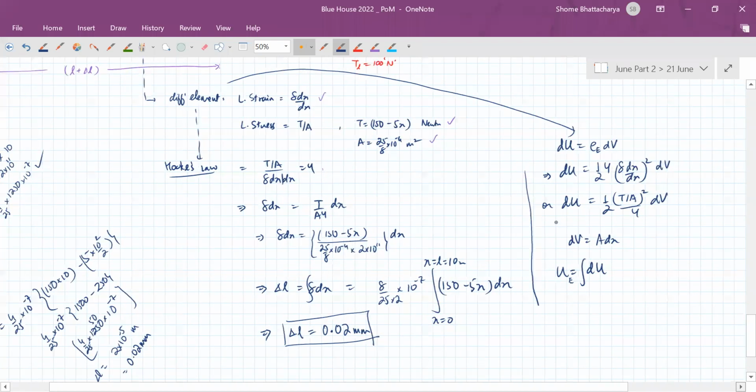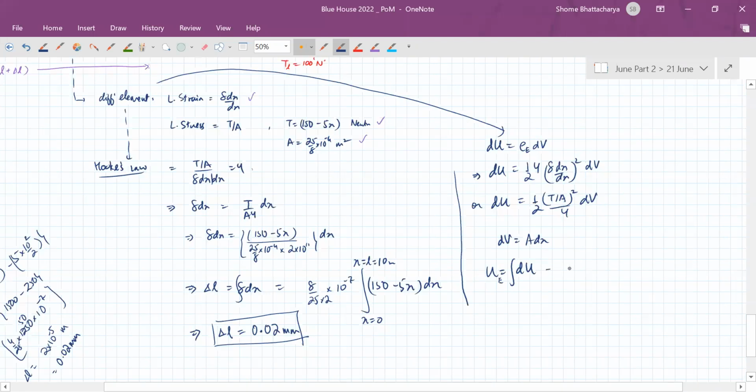Okay, now similarly, if we do this calculation here, we write the volume as A dx.